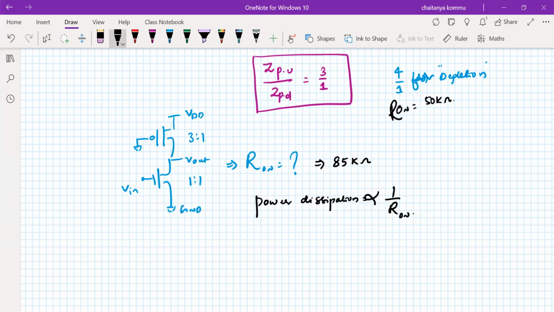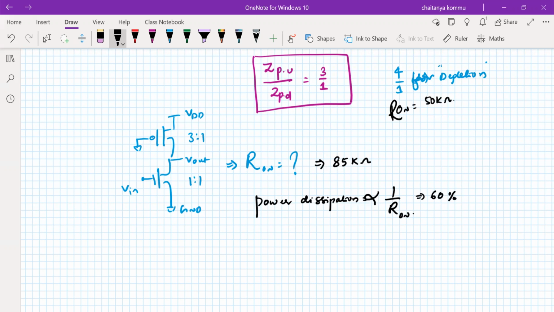So if the denominator dimensions are very high, 85 compared to 50, automatically power consumption will be reduced. Okay, so if we calculate and compare this one, we can say that 60% power reduction can be possible with the given ratio. That means substitute 85 and 50 in the denominator in the given power consumption formula.